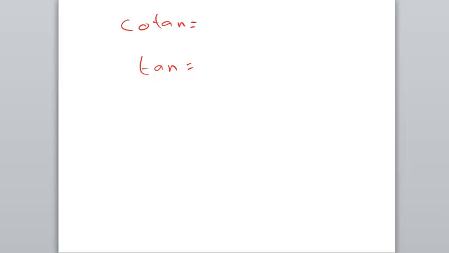Tangent was opposite over hypotenuse, no, it wasn't this, it was opposite over adjacent, so cotangent would be adjacent over opposite. So you get it? They are opposite each other.